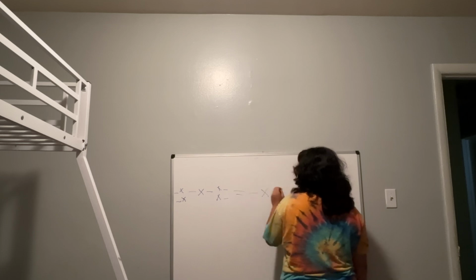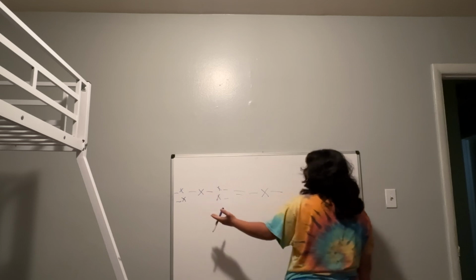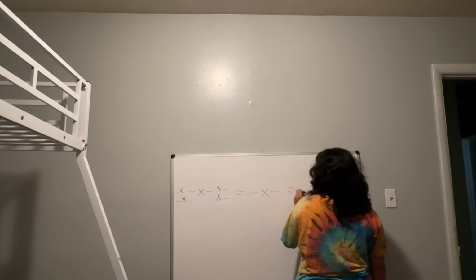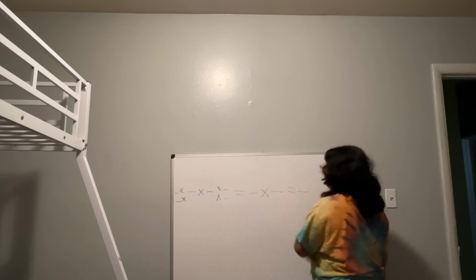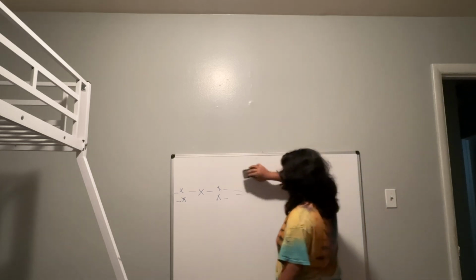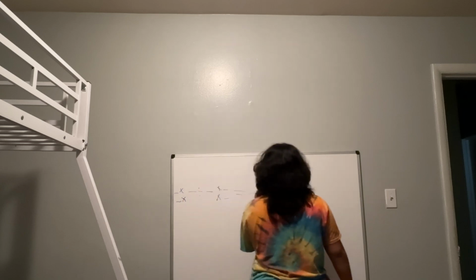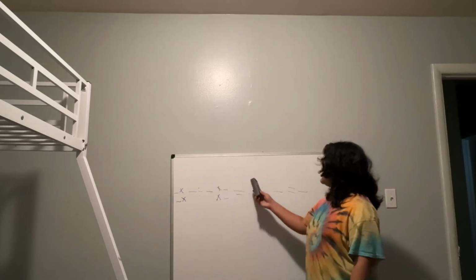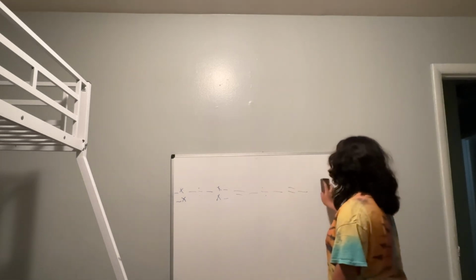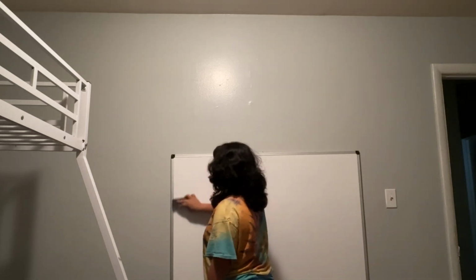You only times the top, you never times the bottom or change the bottom unless it's an uneven denominator. And then whatever you get for this, you're gonna write it up here and keep the denominator the same. That's basically how you do it. It is the same thing for division, I'm pretty sure. So you'll just divide these, put it over there. Yeah, I hope we explained it good enough.